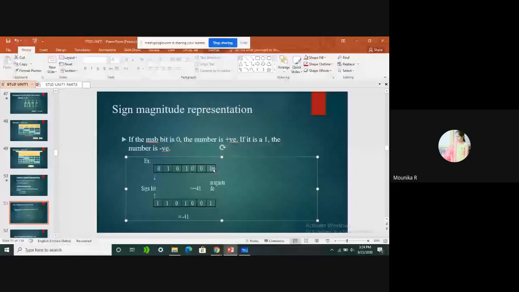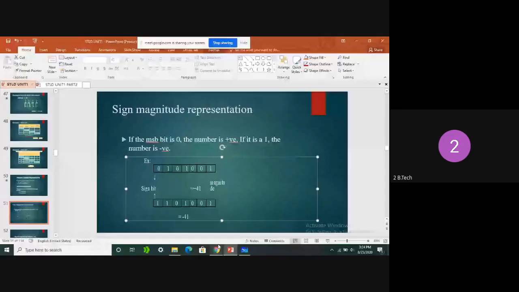Yes, sir. In the most significant bit, if 0 is there, it is a positive number. If 1 is there, it is a negative number. Hello? Yeah, sir.